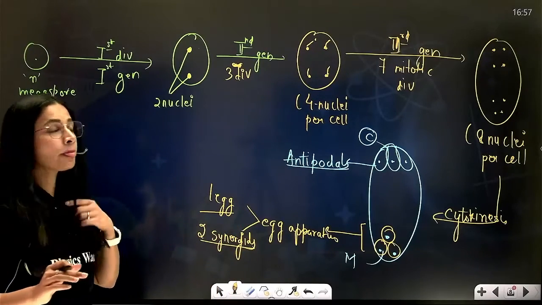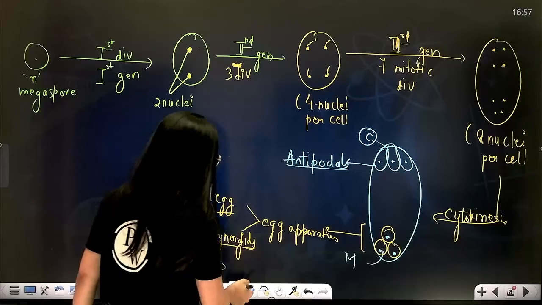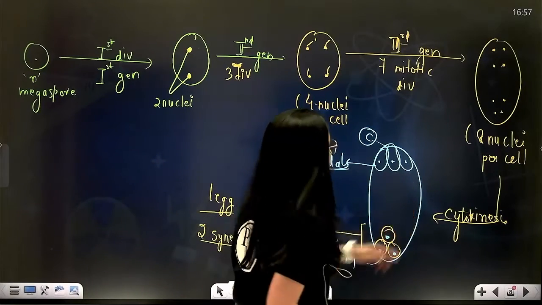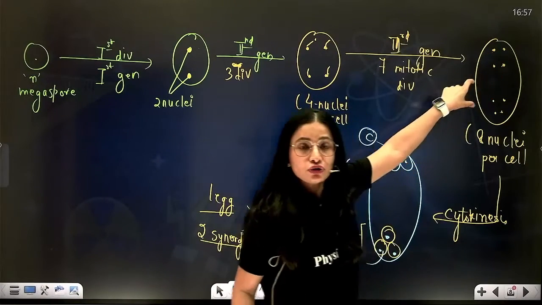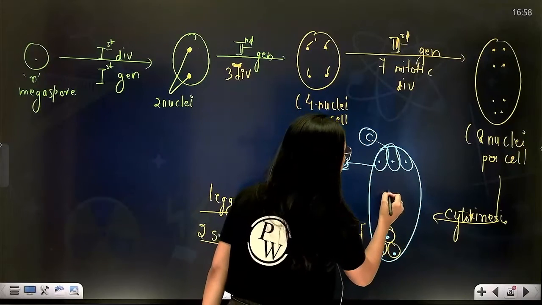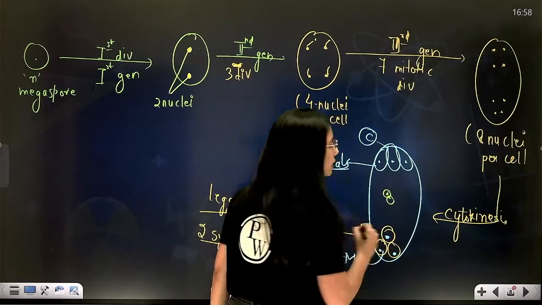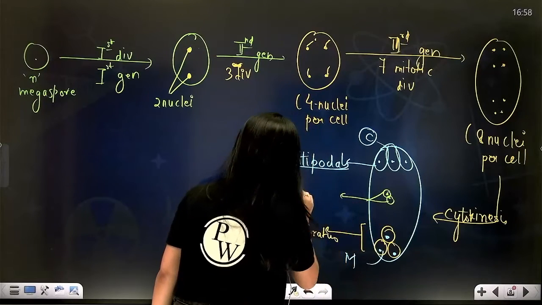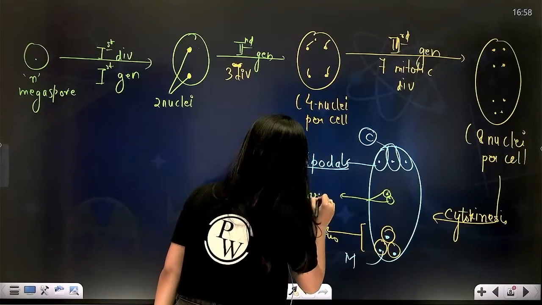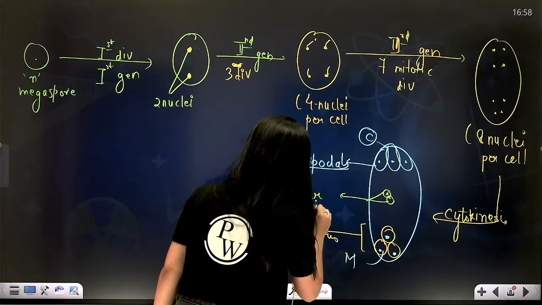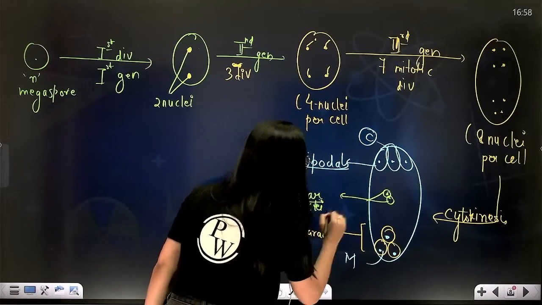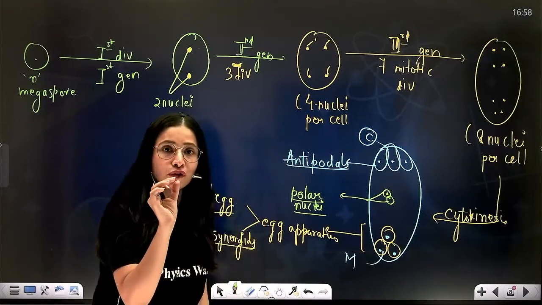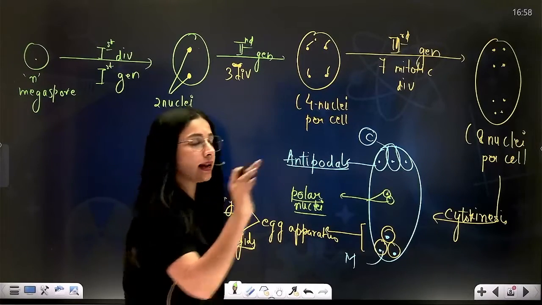Yes or no? Now how many remaining are there? 2 are remaining. Those 2 remaining nuclei will come to the center. They are called polar nuclei. Later on, they fuse to form the secondary nucleus.